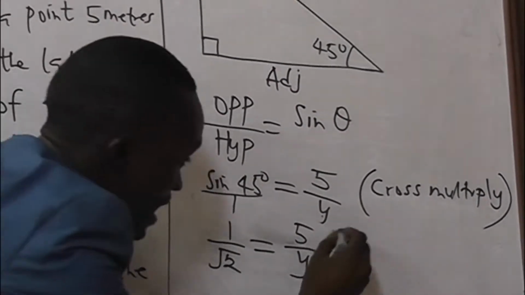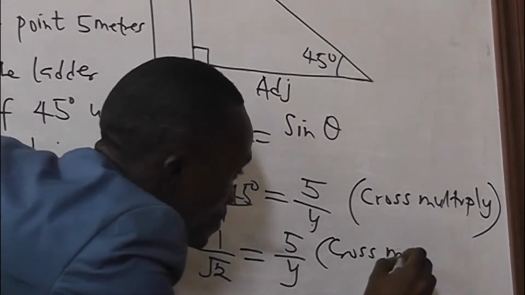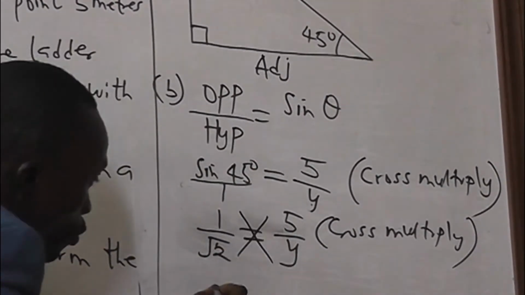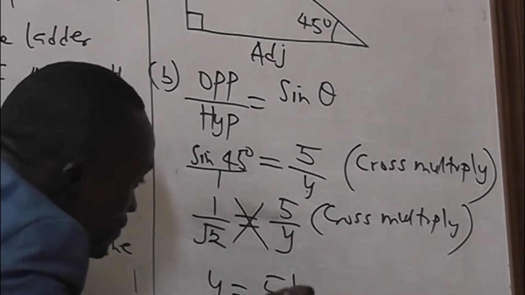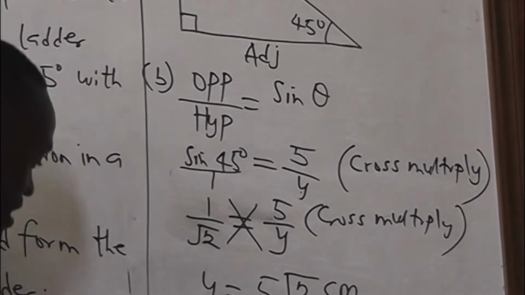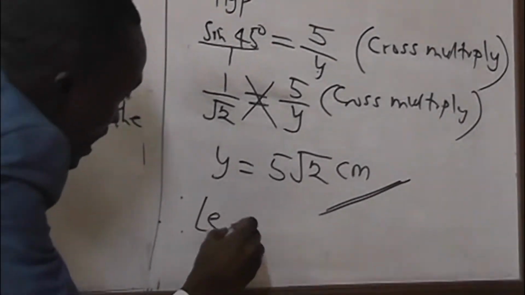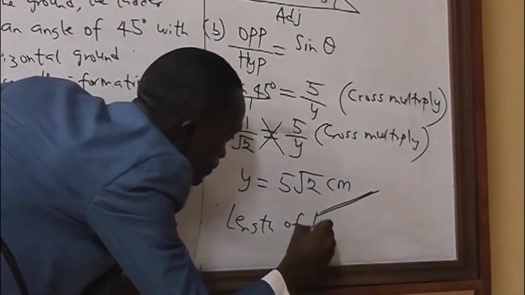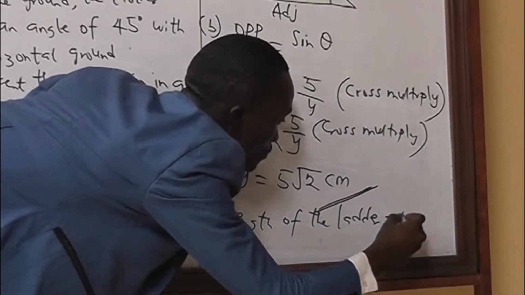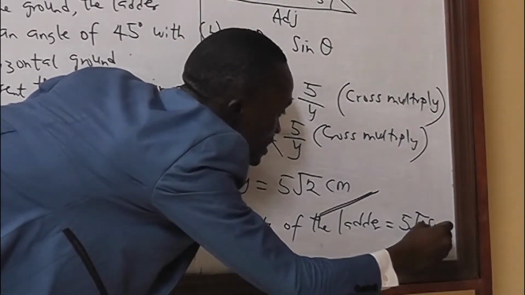So if you do that here, we have y is equal to 5 root 2 centimeters. Therefore, the length of the ladder is equal to 5 root 2 centimeters.